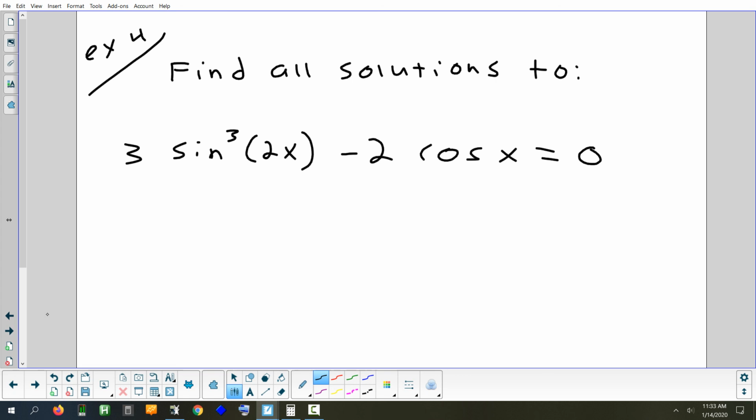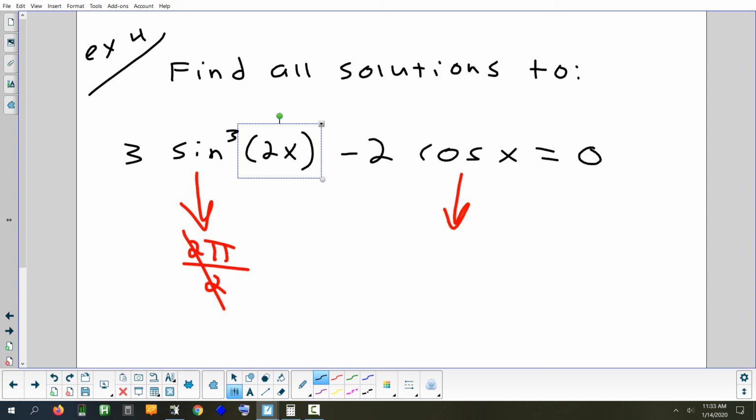What's the formula when you have sine to an odd power? 2 pi over b. 2 pi over what? 2. So the cubed controls part of what the period is going to look like, and the number in front of x also controls. So the period there is just pi.